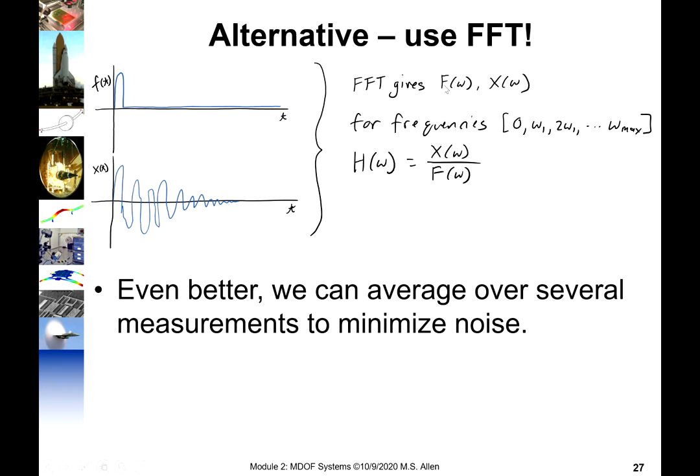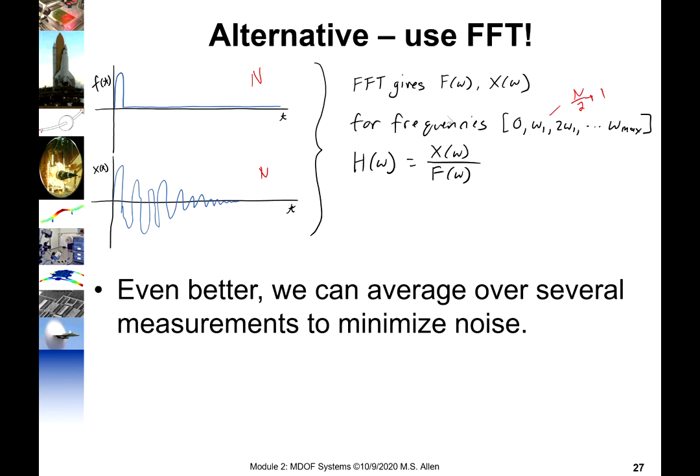And then we can use the FFT to convert, say there were n time samples of each of these, we can convert that to n over 2 plus 1 frequency samples. So we would know the force as a function of frequency and the response as a function of frequency at all of these different frequencies. And then we could use the same approach to estimate the FRF. We could just divide those complex amplitudes from the FFT, and we would get an estimate for the transfer function.